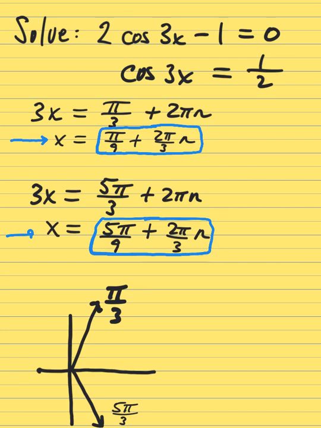Just remember to separate by commas. And any integer you can plug in for n, whether it's a -2, a +3, when you substitute an integer in for n, multiply it by 2 pi over 3, and then add either pi over 9 or 5 pi over 9, you will get an angle that satisfies the original equation.